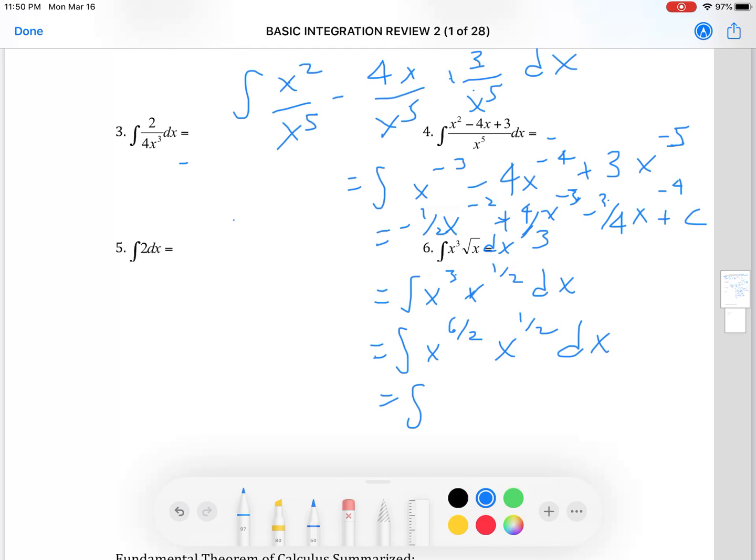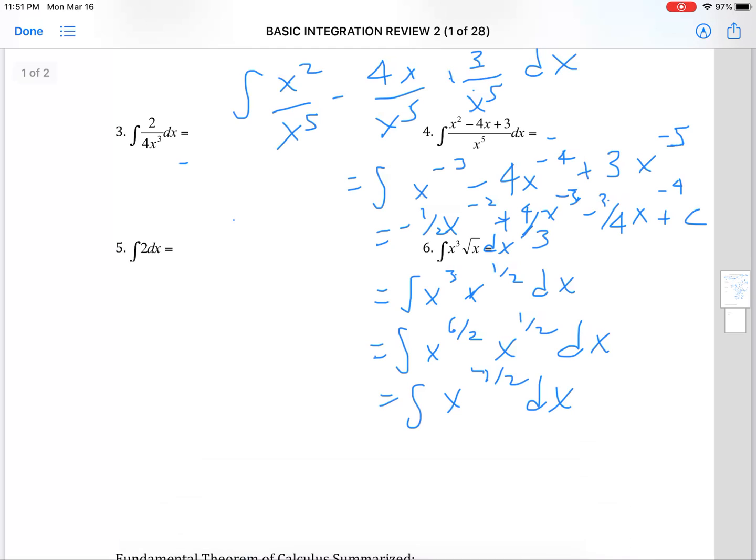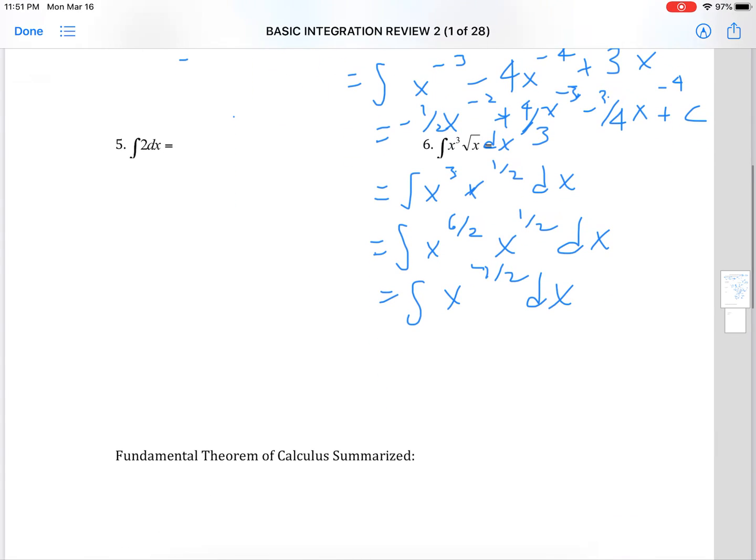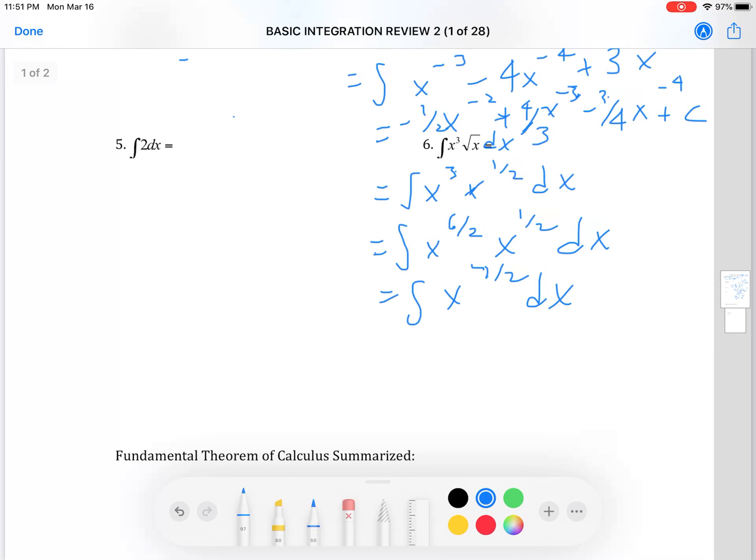And we use our property of exponents where we add the exponents. So this is x to the 7/2. And my suggestion is, if you're a little bit shaky with a fractional exponent like this, taking the antiderivative, you can always do 7/2, and when you're adding 1, that's like adding 2 over 2.